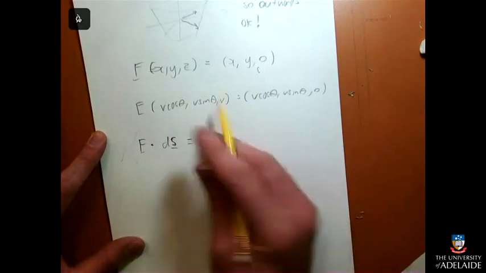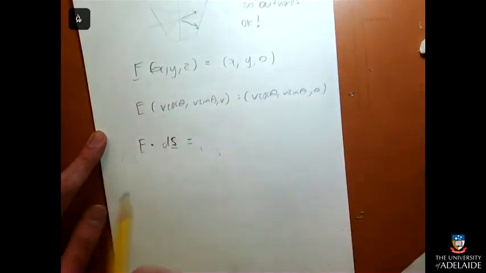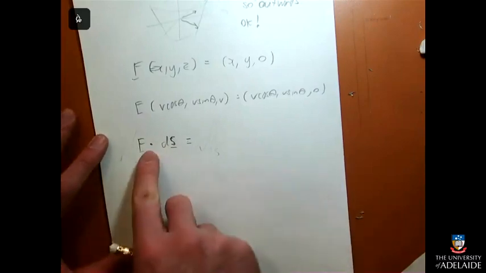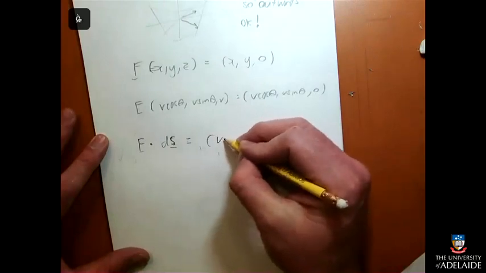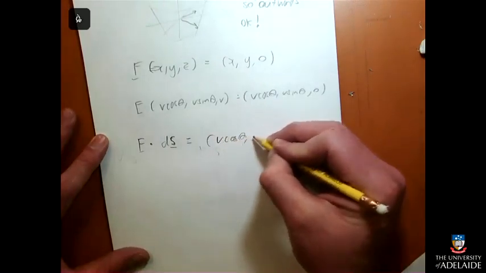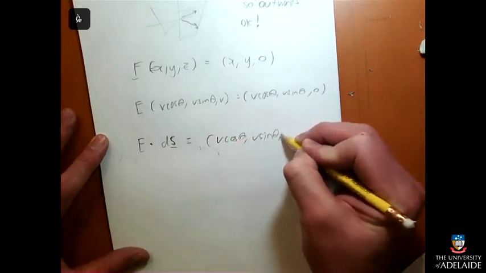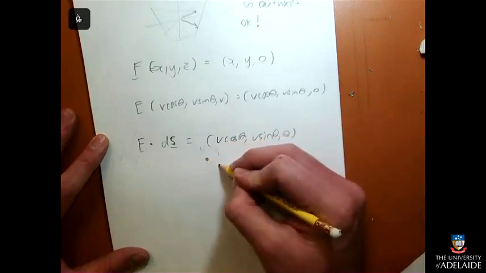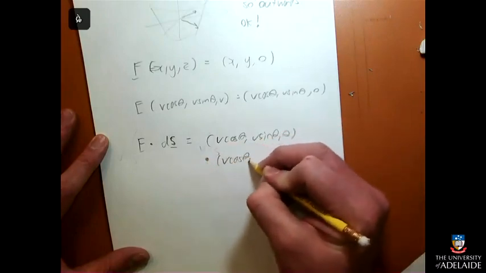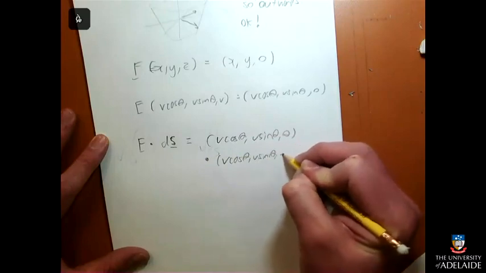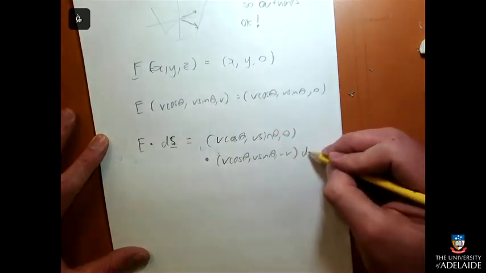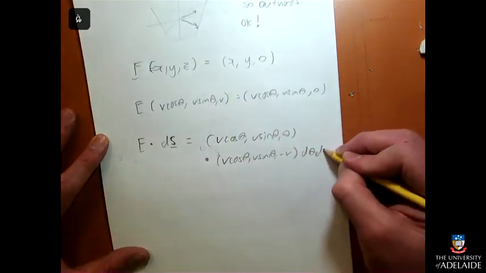To be fair, if I was doing the exam for this, I would assume that I'd been in the course for the whole semester, and so I'd probably feel a little better than I am now. So the f is this, so we've got v cos theta, v sine theta, 0 dot with v cos theta, v sine theta, negative v, d theta dv.